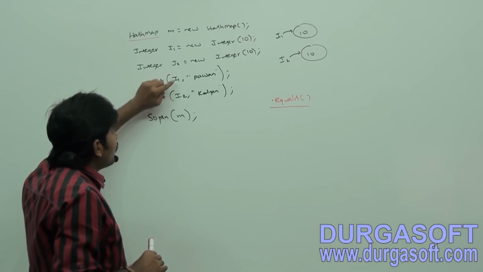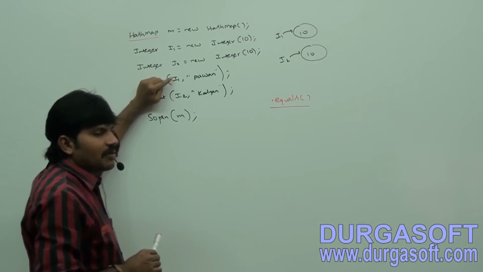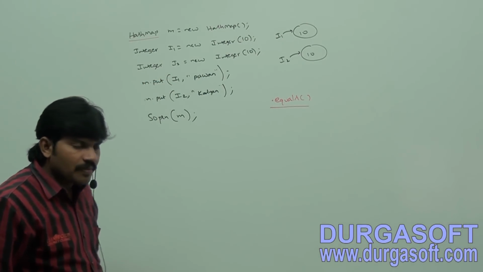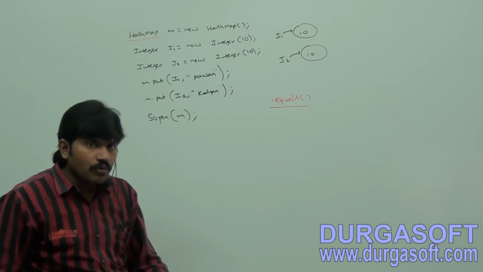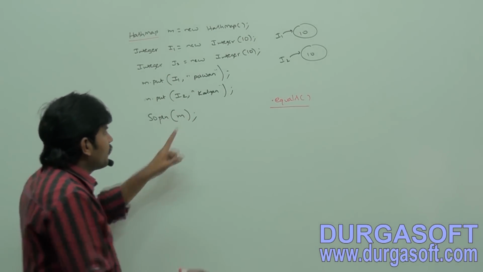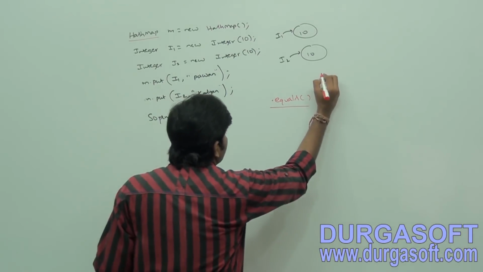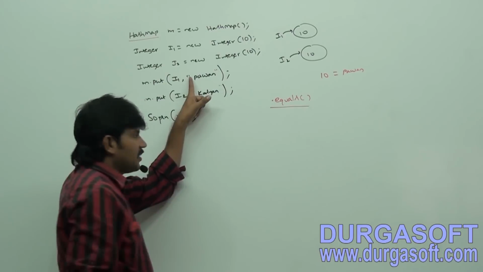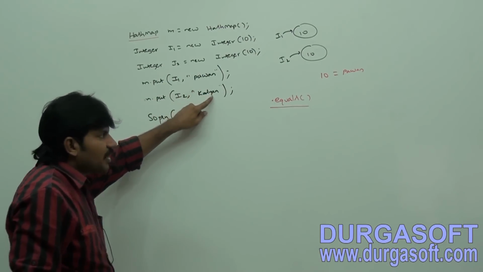I2 dot equals of I1, or I1 dot equals of I2, returns true or false? True. That's why they are duplicate keys. First, 10 is equal to Pavan added. Now I2 comma Kalyan I want to add.